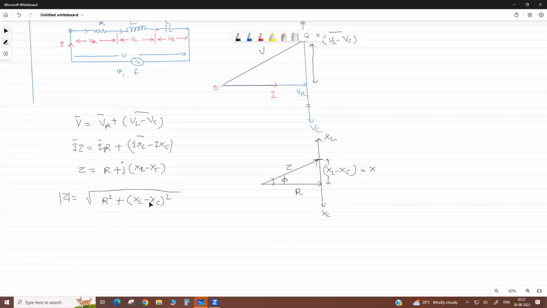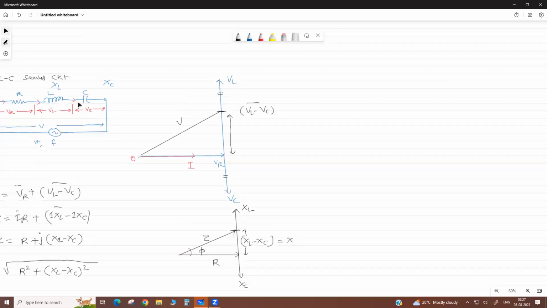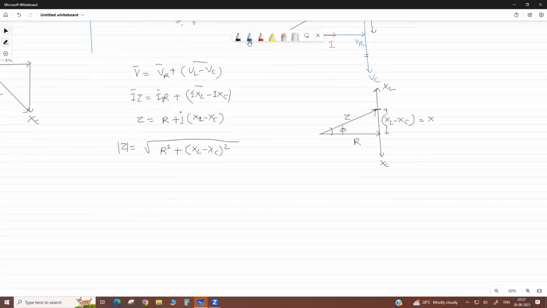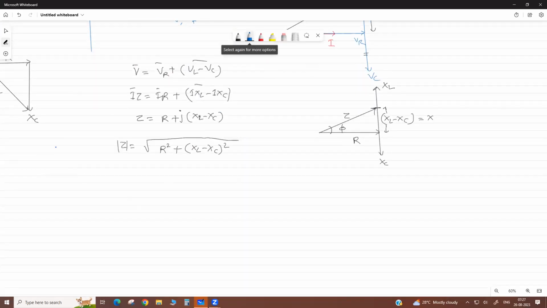Okay. Now it depends which is greater. Suppose the reactance portion is high. Actually this RLC series circuit can be operated in different ways. See, RL is always lagging, RC is always leading.